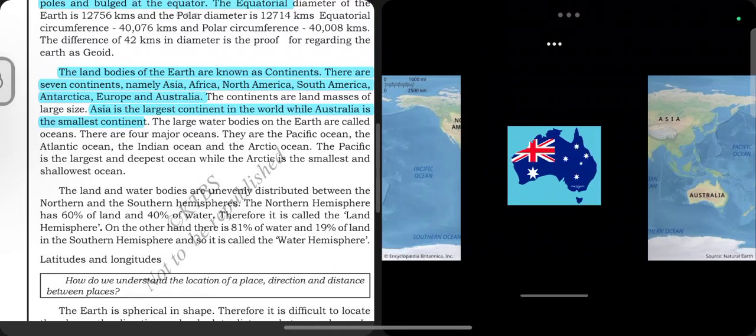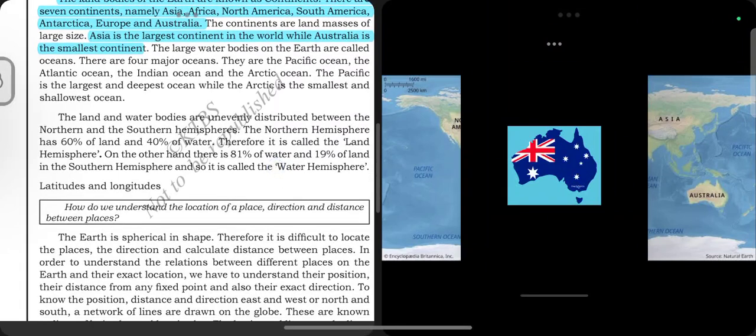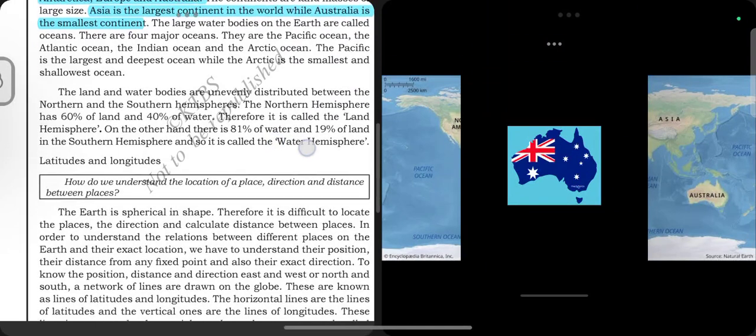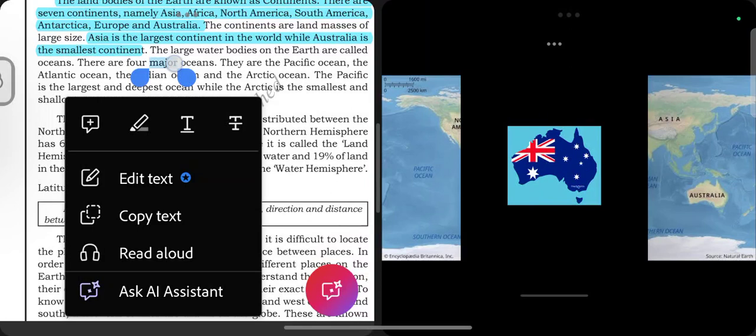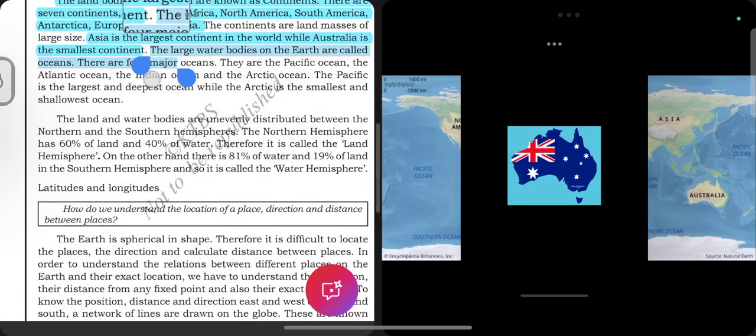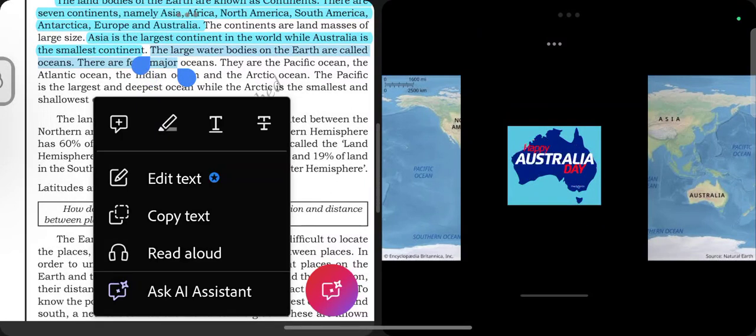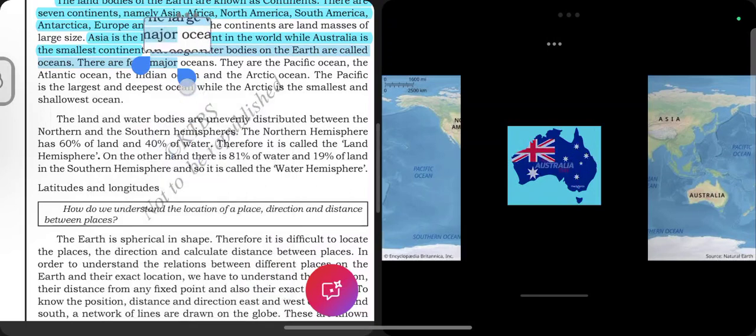And after that, while looking into the water bodies, there are four important water bodies we can see. What is an ocean? If anybody asks you that, you should remember the large water bodies on the Earth are called oceans.